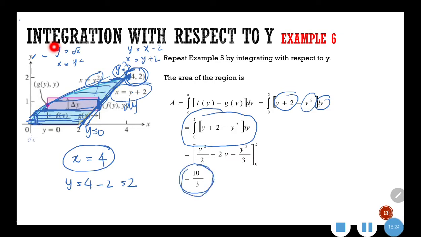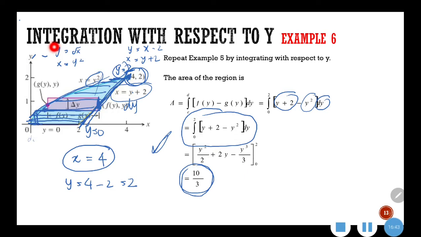So nampak tak? Which one is easier now? Using respect to y or respect to x? Kalau definitely, kalau saya tanya you all, sepatutnya you akan jawab yang ni lah. Because the integration is straightforward. You don't have to break them into two parts macam kita integrate respect to x.